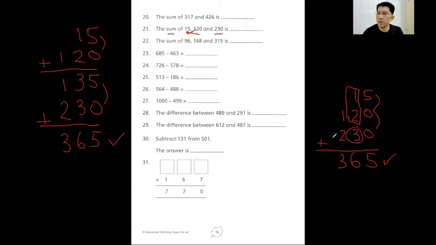Now you can try both and then see which one you like or which one you're able to follow through. Okay, I'm going to write down the answer for 21 is 335.